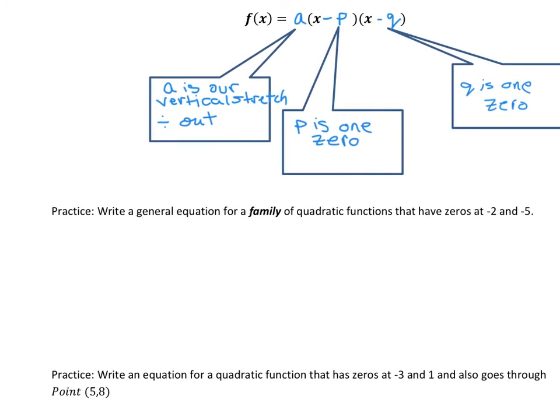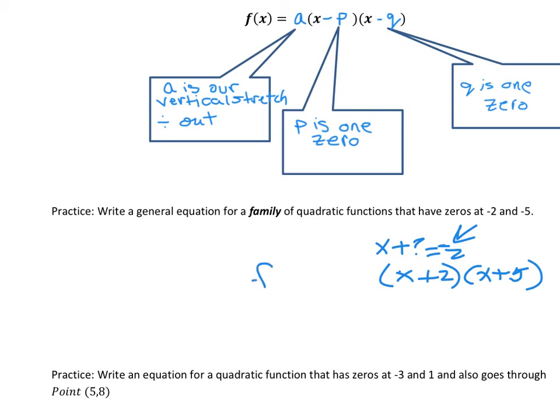The directions say write a general equation for a family of quadratic functions that have zeros at negative 2 and negative 5. Well, if we have a zero at negative 2, that means our factor is going to be x plus 2. Likewise, our other factor, if I have a zero at negative 5, then my factor would be x plus 5.